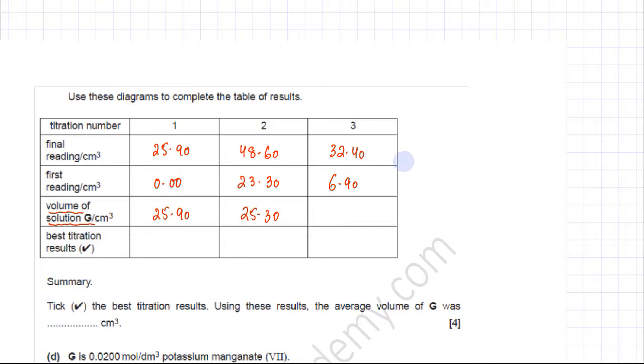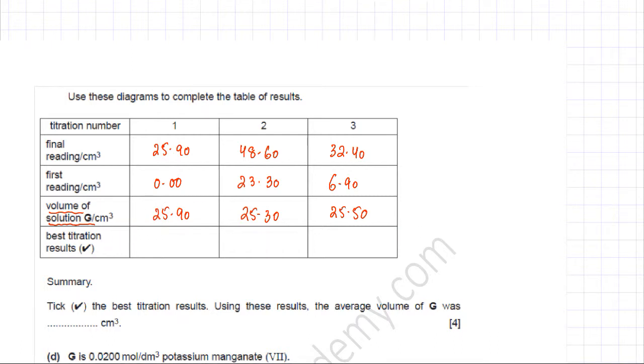So the volume of G that's added is going to be the difference between the two values, which comes out to be equal to 25.50 cm³.